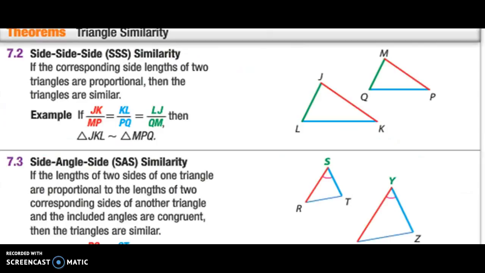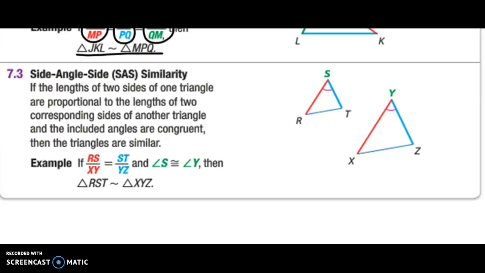So we're left with a couple theorems. They're called triangle similarities. And just like back when we had the side-side-side theorem, this is a side-side-side similarity, which means that instead of them being congruent to each other, if they're proportional to each other, then the triangles are similar.